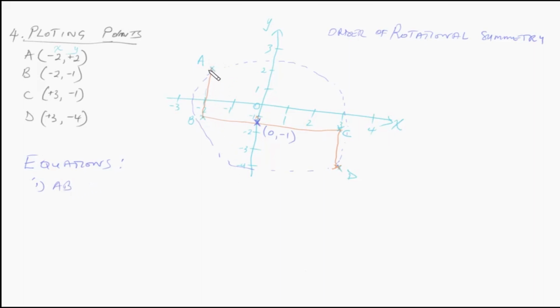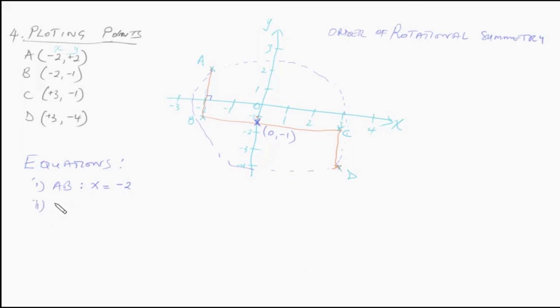This line is parallel to the y-axis and it cuts the x-axis perpendicularly, at 90 degrees, at -2. So the equation of this line is x equals -2.